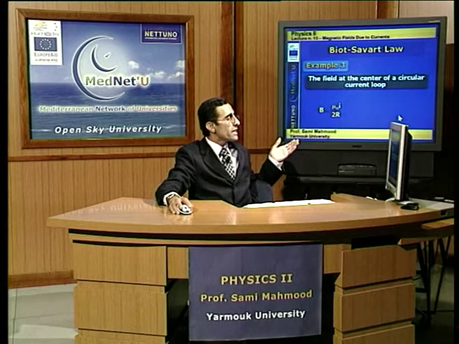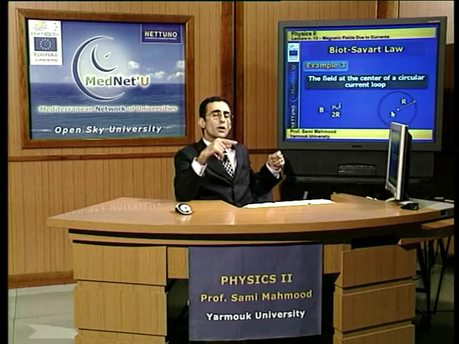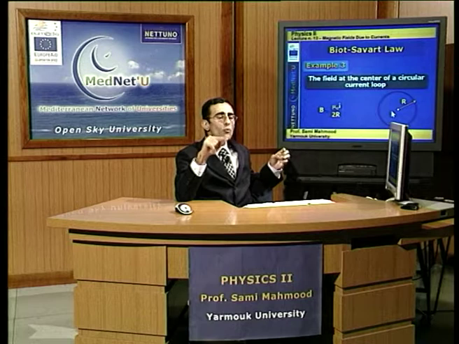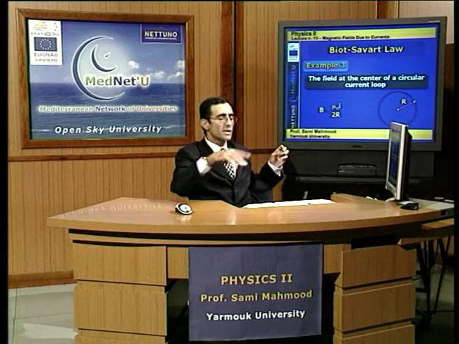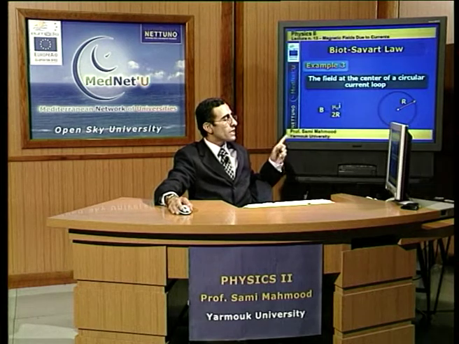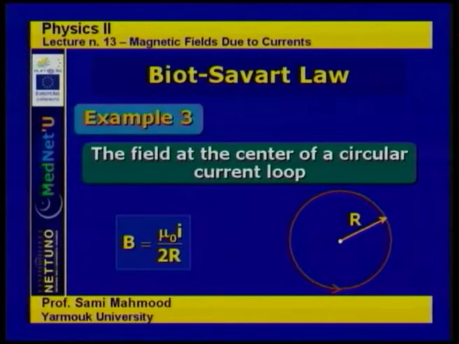As an example, if we consider a circle, the circle is an arc where phi, the angle subtended by this arc, is equal to 2 pi. So if we go to the previous formula for B for an arc and substitute for phi, we put 2 pi instead of phi.